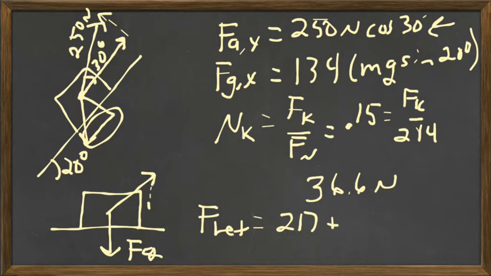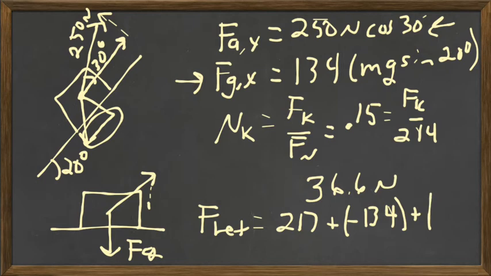Plus the force of gravity acting in the x direction, or the component of the weight trying to pull the box down the incline, mg sine theta, 134 newtons, but I cannot forget it's opposite the direction of the motion. It's down the incline as opposed to up. Either way, we're going to give him a negative.